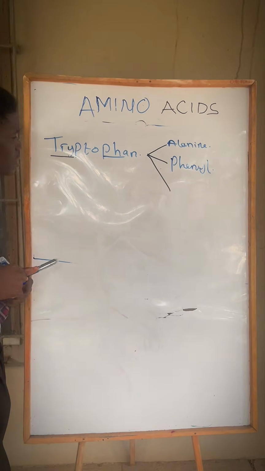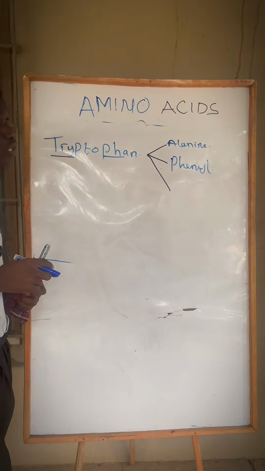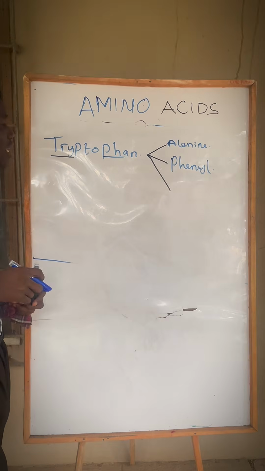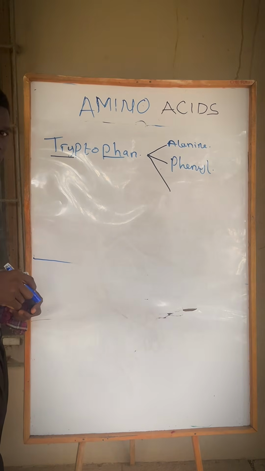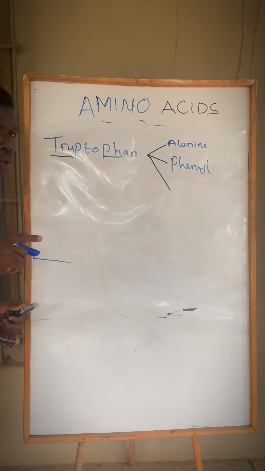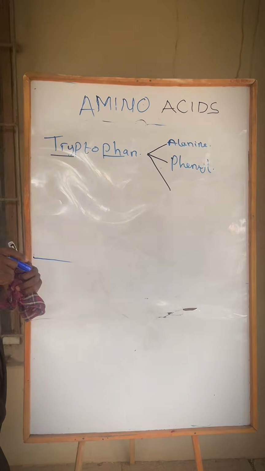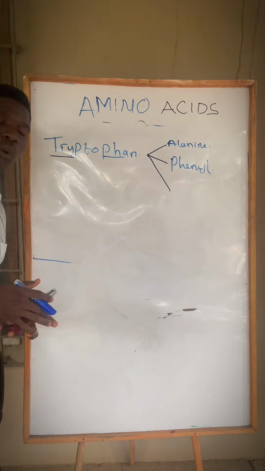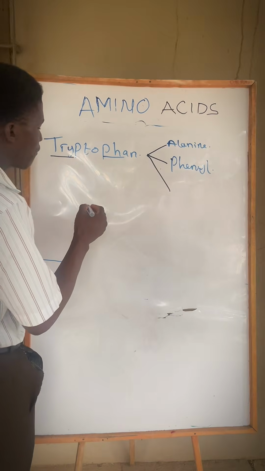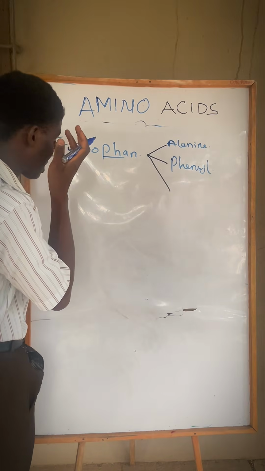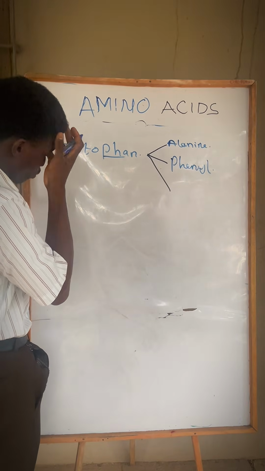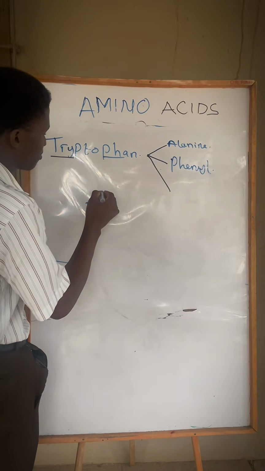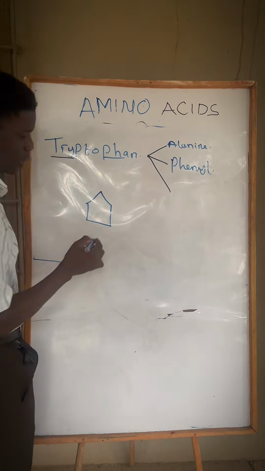Now what's the last one? Let's take it like this. Instead of calling it tryptophan, let's call it a trip to your farm. And don't forget that in your farm you have a hut which has a single window. So we have a hut, right?